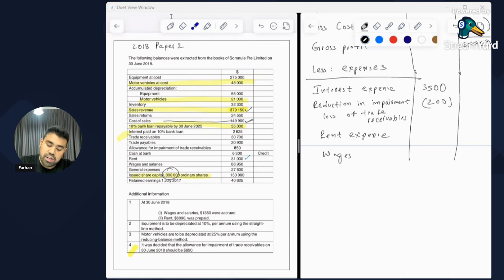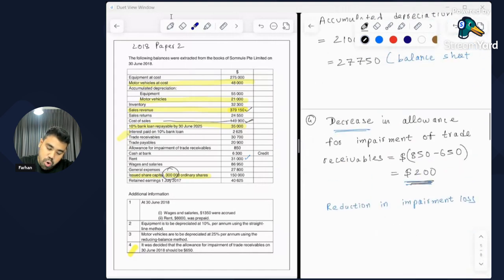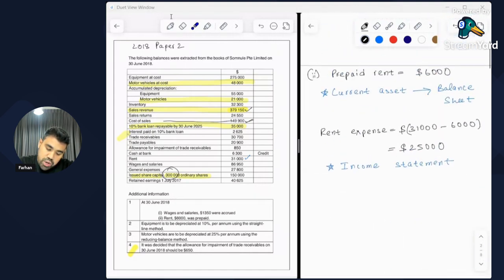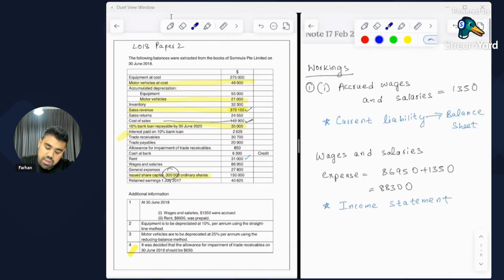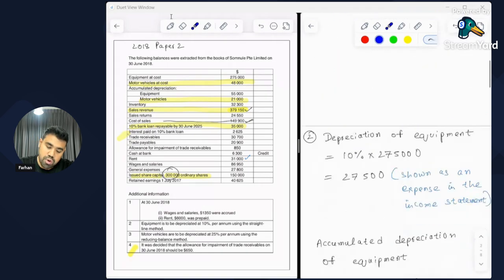So in the first additional information, we had done the workings for this. So let's look into the first point that we have done. We know that rent expense is $25,000 after removing the prepaid rent of $6,000, and the wages and salaries is $88,300 after adding the accrued wages of $1,350. All right, so let's just write these two numbers here.